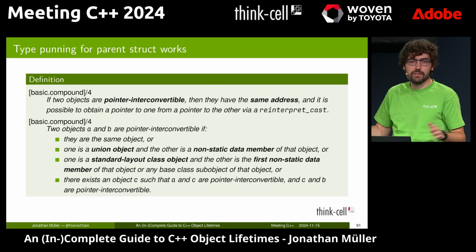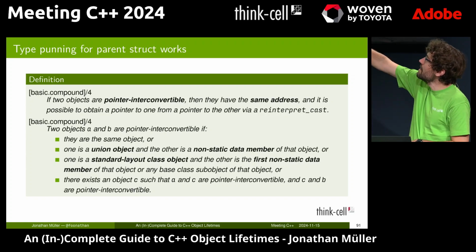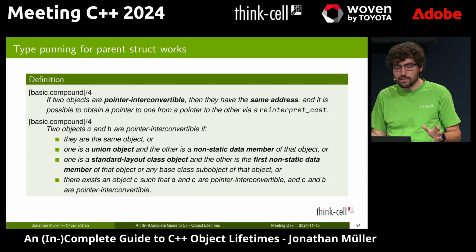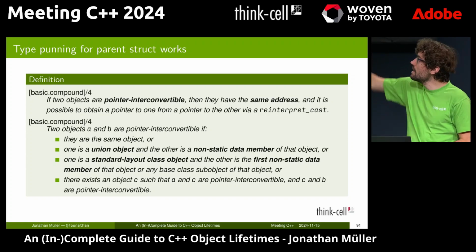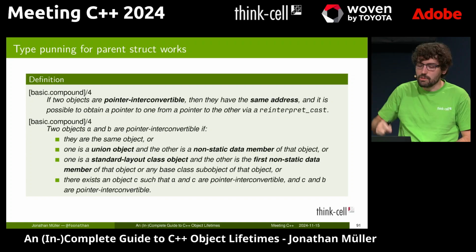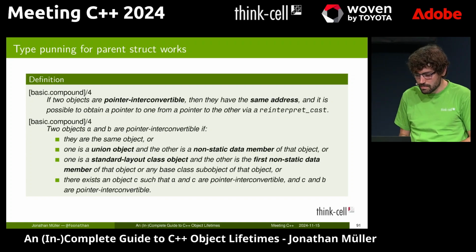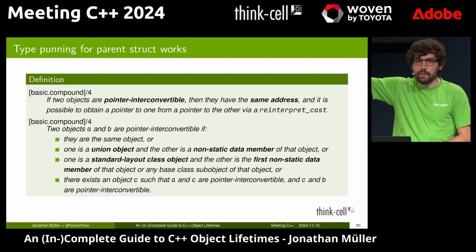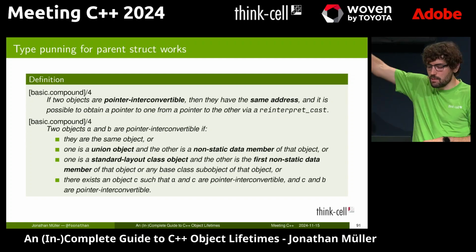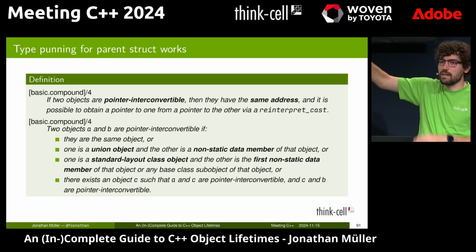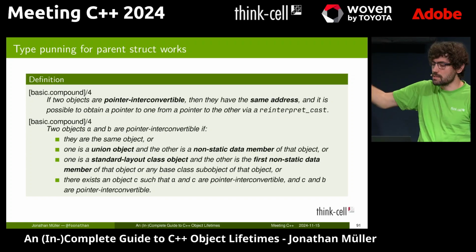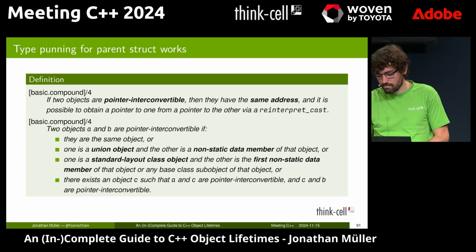I've given this talk a lot and I forgot it. Anyways, if one is a standard layout class and the other is the first non-static data member, then that is also fine. That is the example that we see, and it's transitive. So you can go from one union member to the other union member because you would go by the union. And this is also where the paper about launder of the unsigned char array would add their fix to say an unsigned char array is interconvertible to any object that lives in its storage.